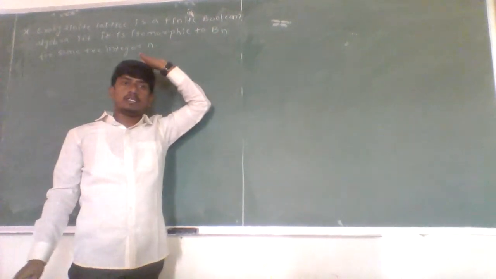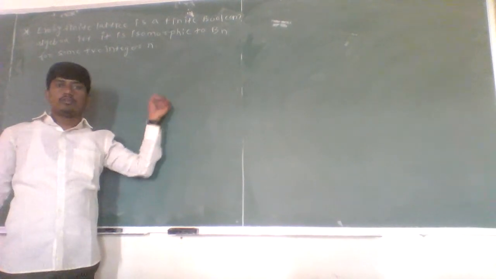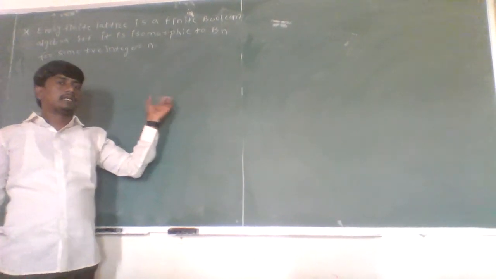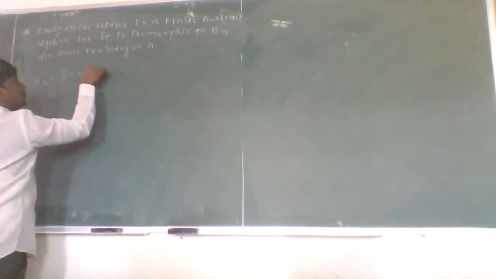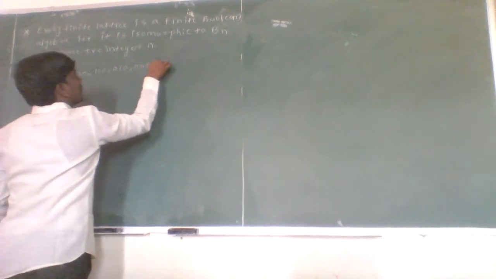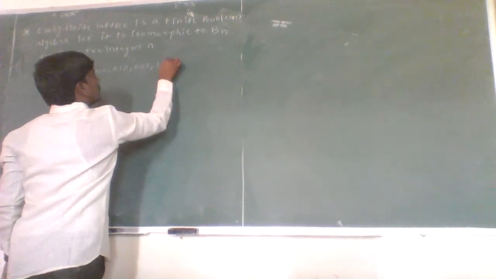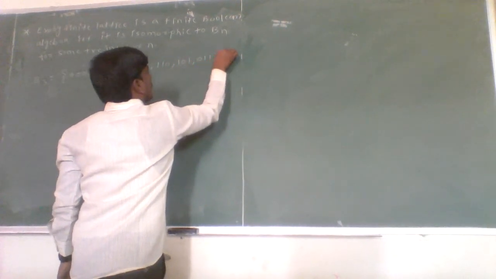And what is Bn? We have already seen in previous lectures, after the complemented lattice, B1, B2, B3. B3 is nothing but the binary strings formed from the digits 0 and 1, taking 3 elements at a time. That is, B3 contains all the elements of this type: 0 0 0, 1 0 0, 0 1 0, 0 0 1, 1 1 0, 1 0 1, 0 1 1 and 1 1 1.